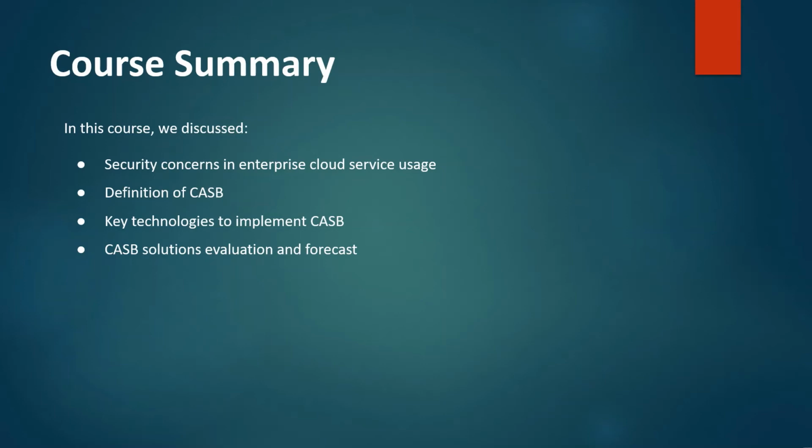And then we went over the three deployment modes and the advantages and weaknesses of each of the modes. Finally, we came to review the factors that are required when you consider choosing different solutions from different vendors, and also a quick look ahead into the development of CASB.